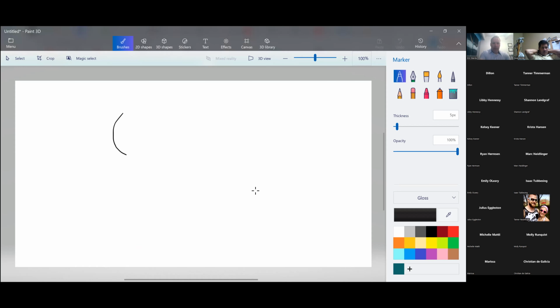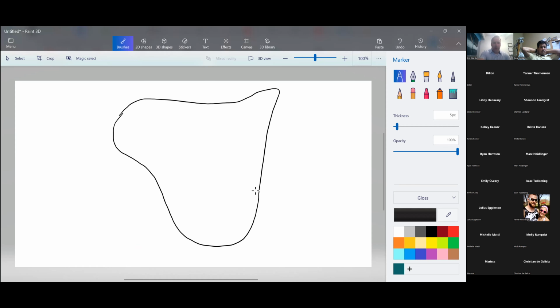Here is our scapula. Same thing, left scapula, spine of the scapula here, glenoid rim here, left side, like so.